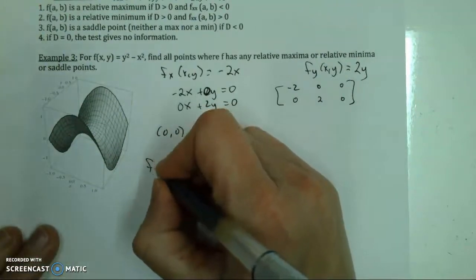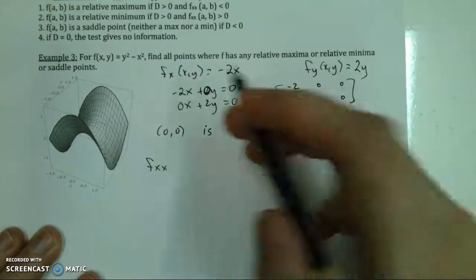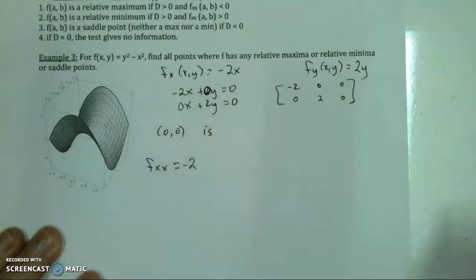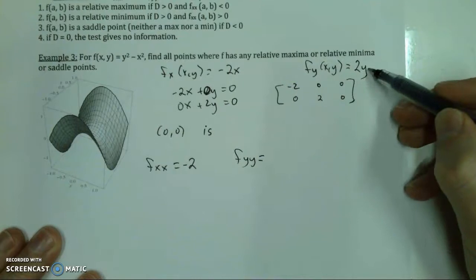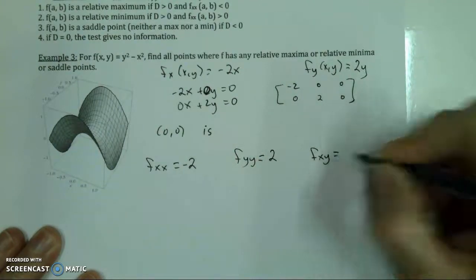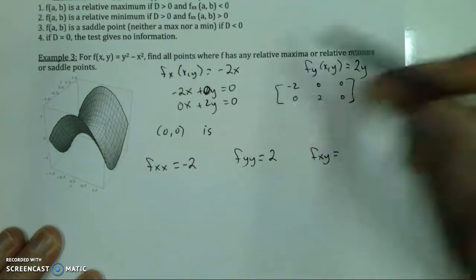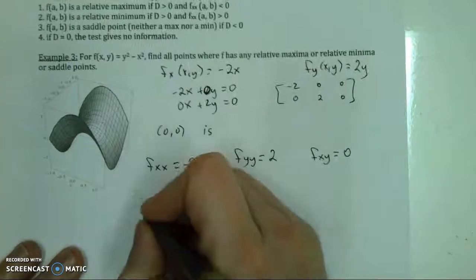Let's find our other partials. So fxx, I start here, x is my variable, I will get -2. Then I need fyy, I'm going to start here, my variable is y, so I get 2. And finally fxy, I start here, my variable is y, which is not there, so I will get 0.